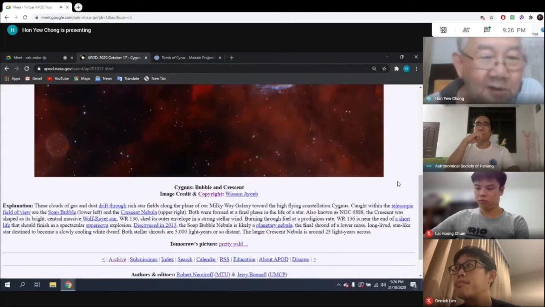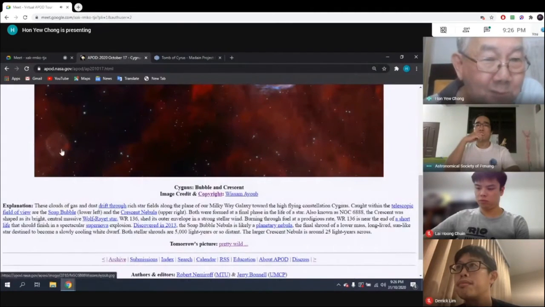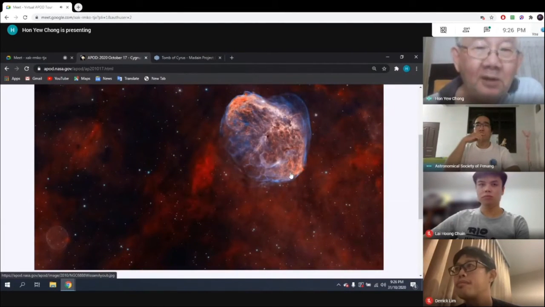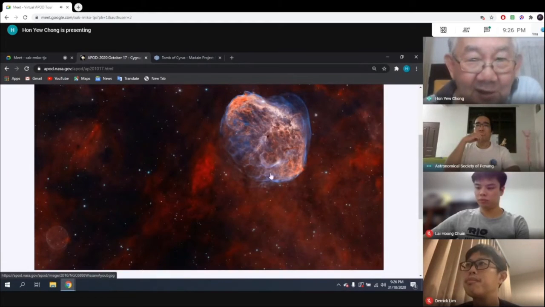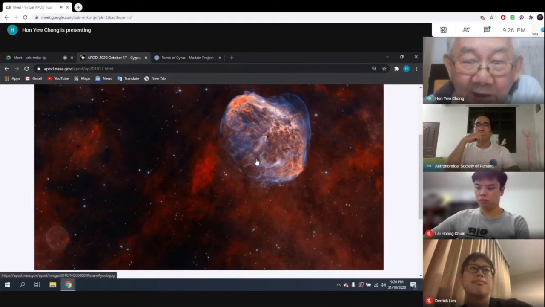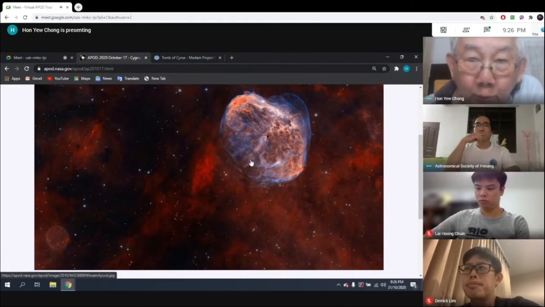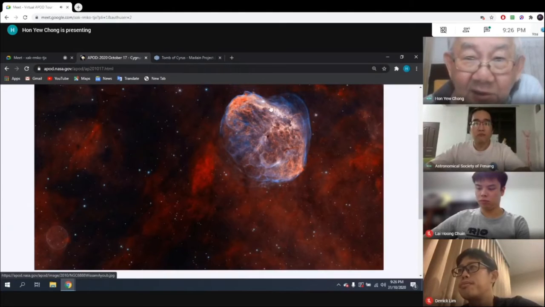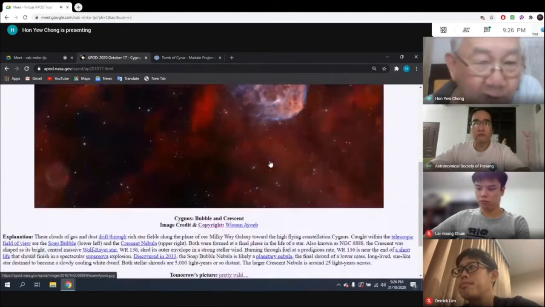All right. So this is the earlier one, we have the Bubble Nebula. But the more important is this one, the so-called Crescent Nebula. This is because there is a star that is dying. It is giving off tremendous stellar wind, very powerful wind, blowing like a hurricane, making this bubble expand, the Crescent Nebula.